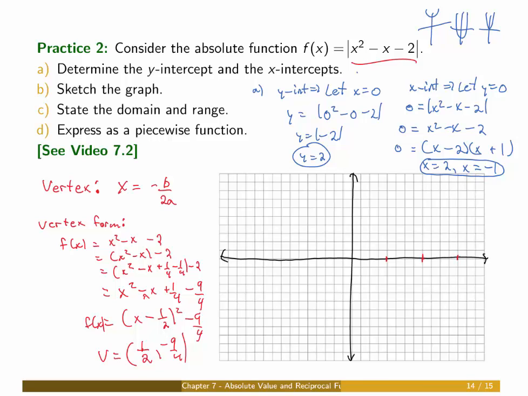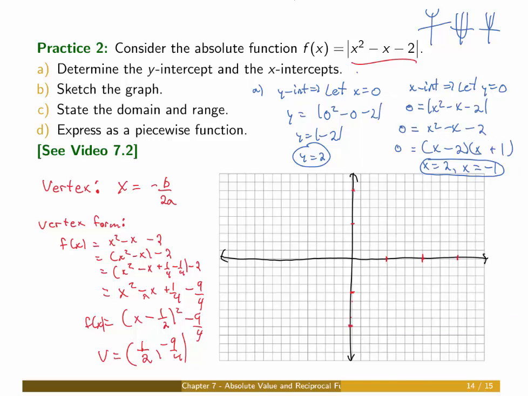Negative 9 over 4 is 2.25, so this will work out very well. What we're going to be left with here is 1/2 and negative 2.25, which will be right here.